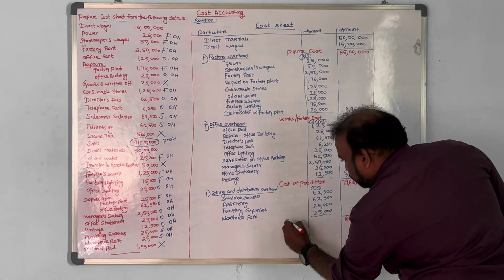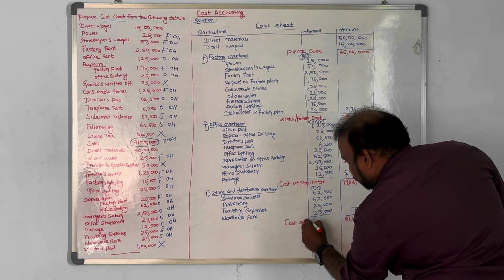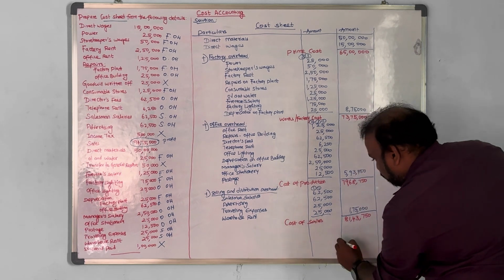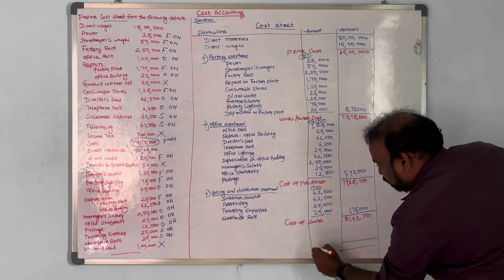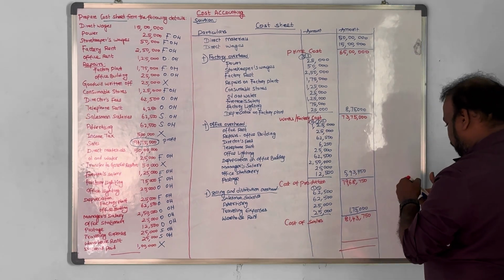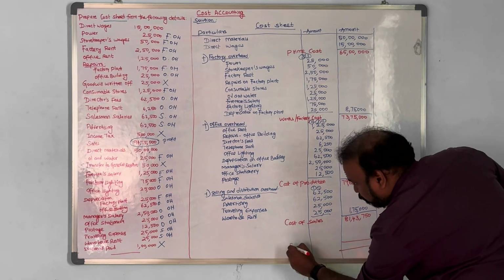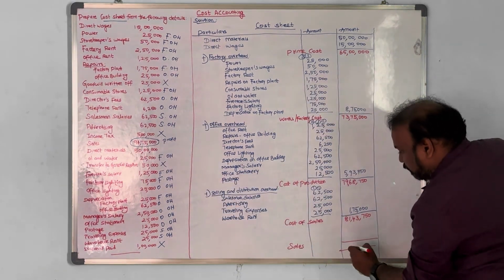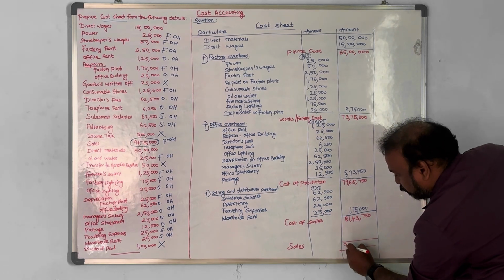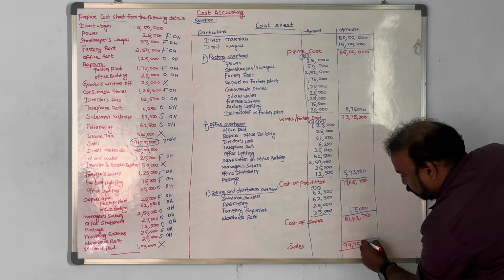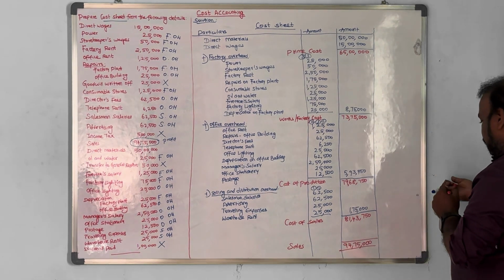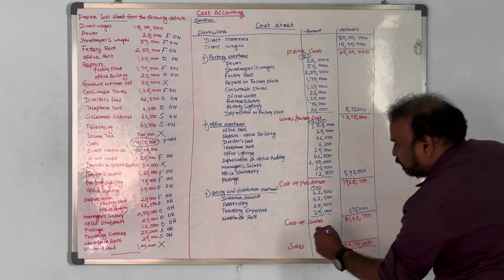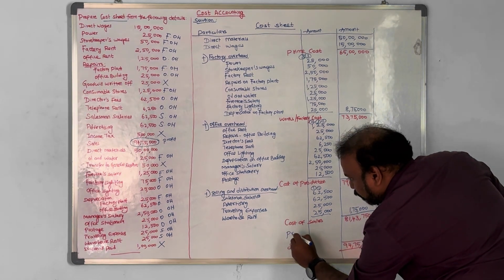This is called cost of sales. And in the question, sale is given as 94,75,000. Now the difference between sale and cost of sale is called profit.